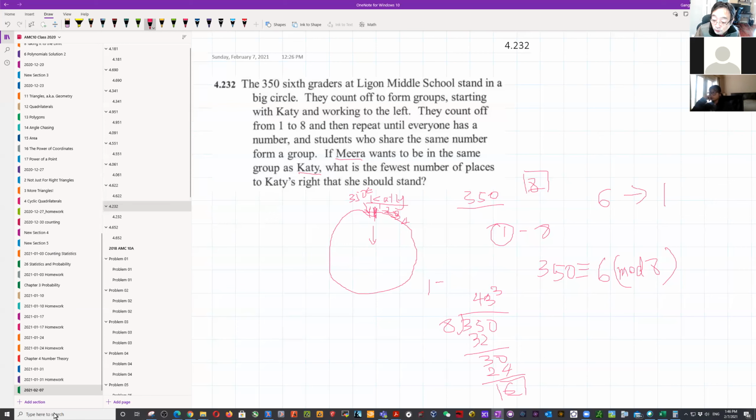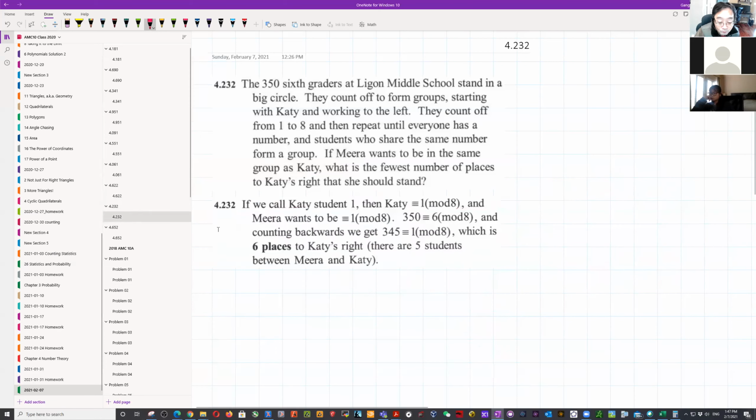Count 1 position is 6. Counting down from 6 to 1 is equivalent to counting up from 1 to 6, so I actually have to count 6 positions. The place to the right where she has to stand is 6th. This is the way of counting up and down. Yeah, so basically it's about counting the mod.